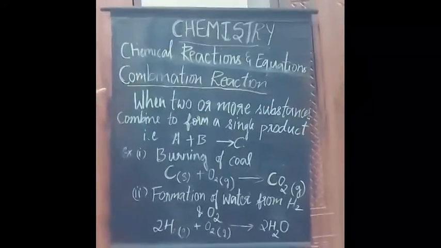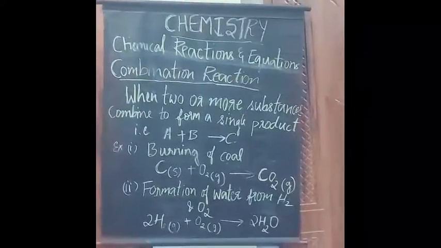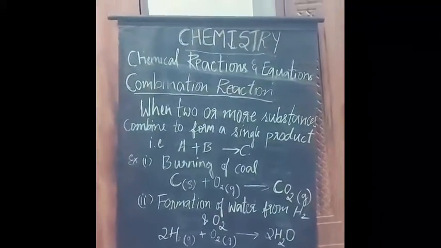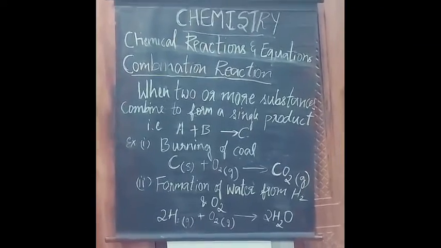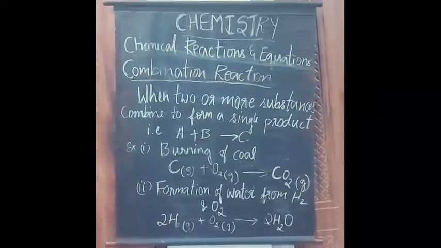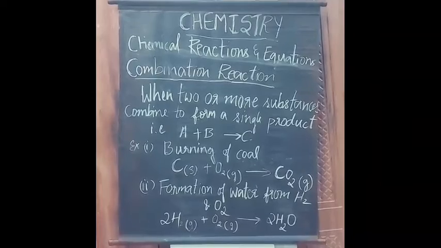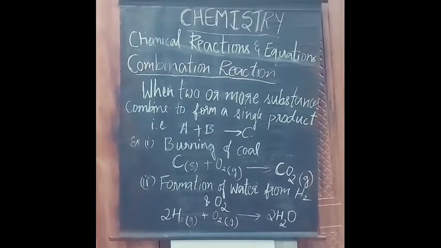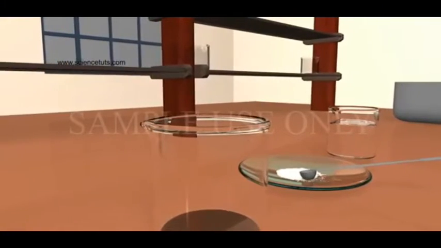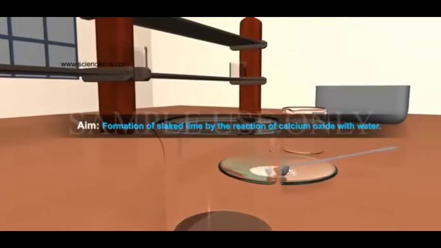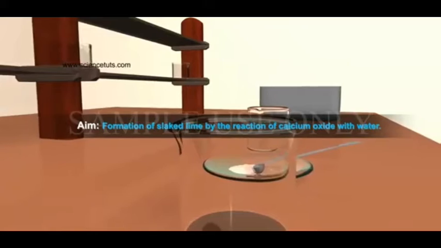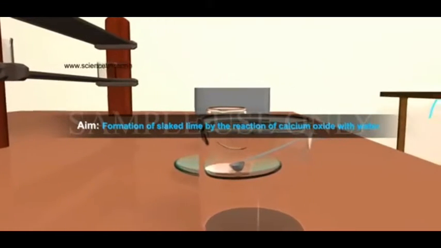When we are performing a combination reaction, a lot of heat will be released. That we call an exothermic reaction. Let us perform an activity to see this combination reaction. Aim: formation of slaked lime by the reaction of calcium oxide with water.